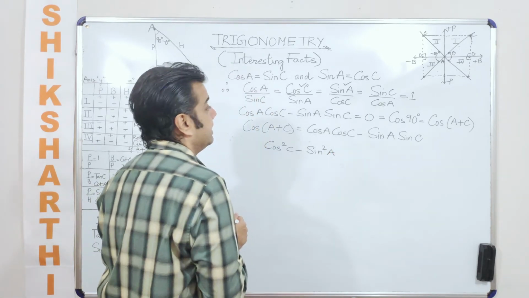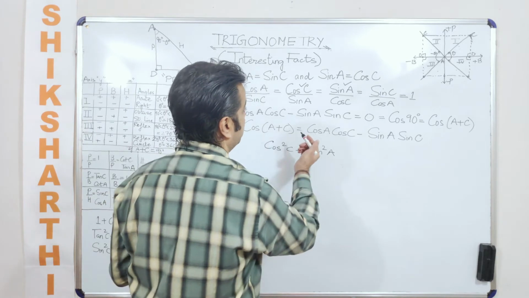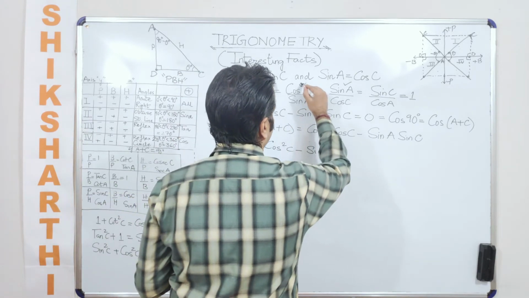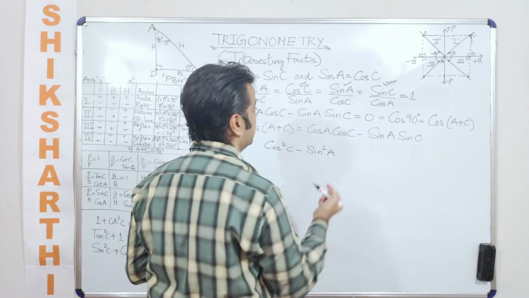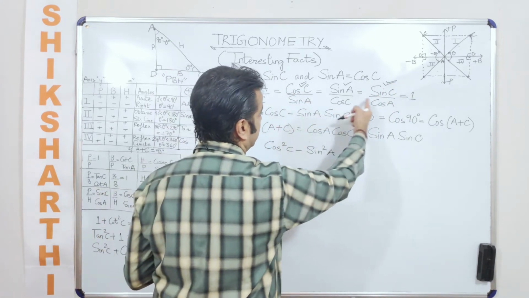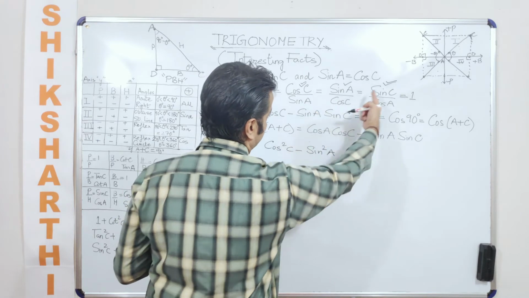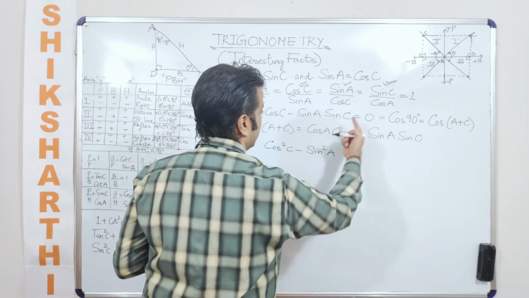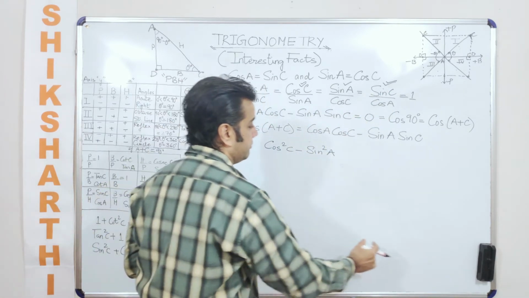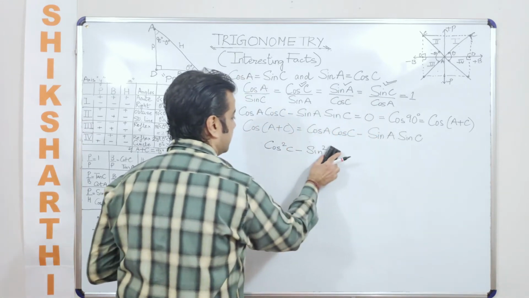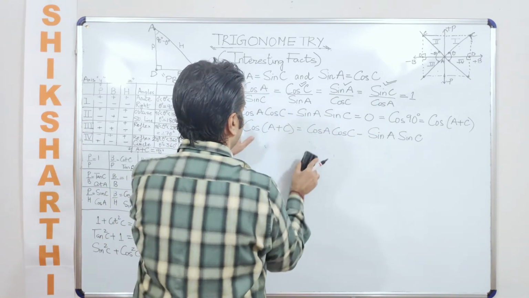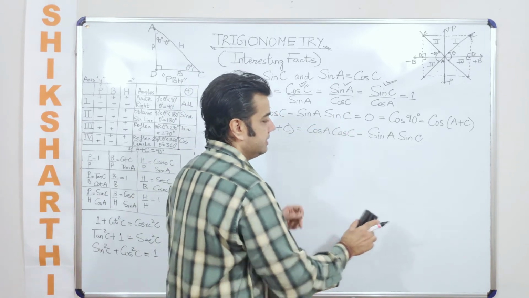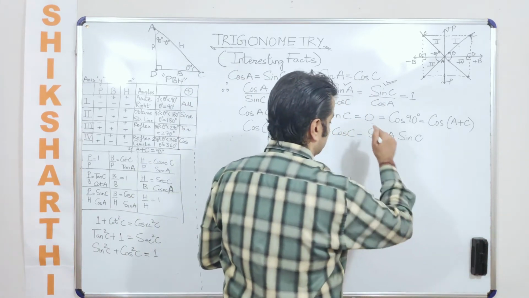What is the next thing that I can pick up from here? So what I can do here is I can pick up this and I can pick up this. So when I pick these two up, I get cos C cos A is equal to sine A sine C. And then I rewrite it. And when I rewrite it, I am able to write it as cos A cos C minus sine A sine C is equal to 0.